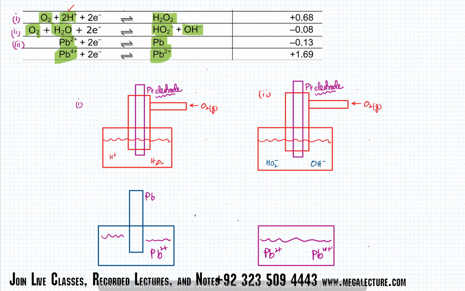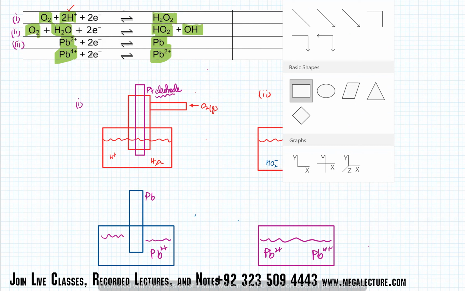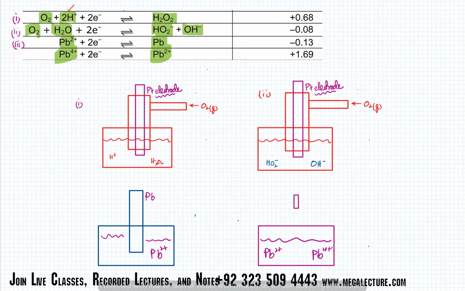And now where would they gain or lose electrons? For that, you would need to add a platinum electrode. So that's your number 3, and that's number 4.